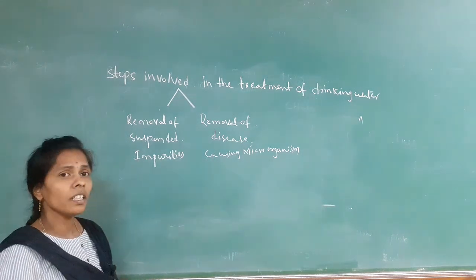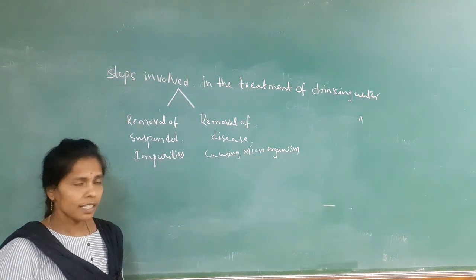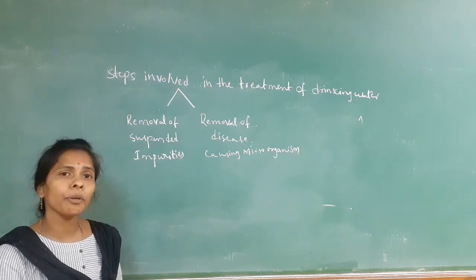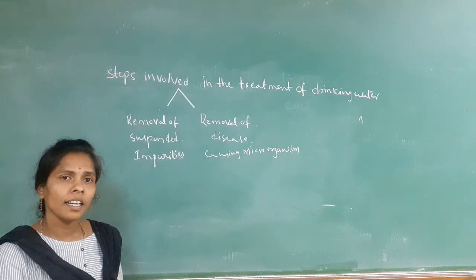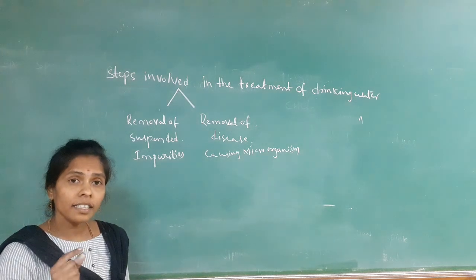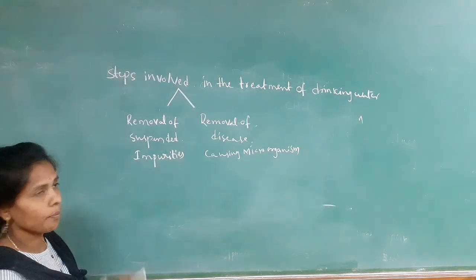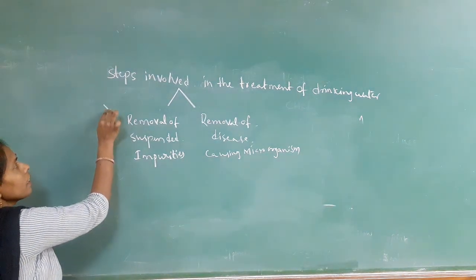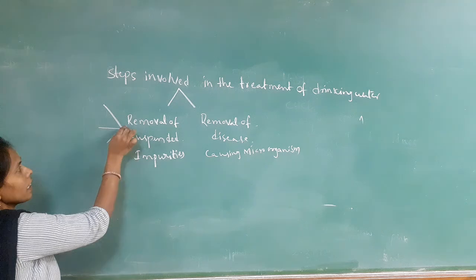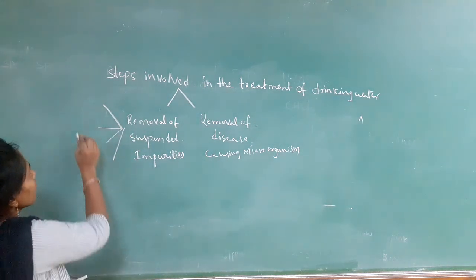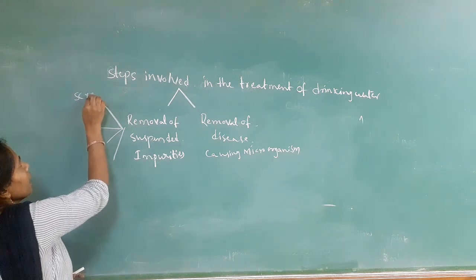So in this method we are going to remove the floating impurities, the high density impurities and also the color in step 1. We are having a step by step process in removal of suspended impurities, and the first step is the screening.